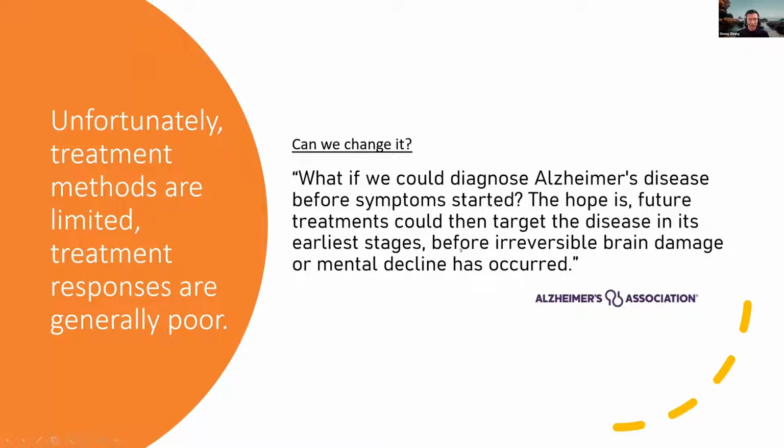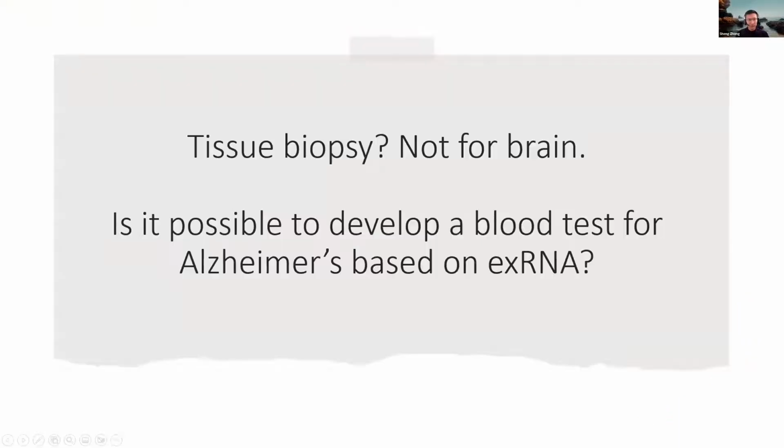The hope is future treatments could then target the disease in its earliest stages before irreversible brain damage or mental decline has occurred." So that has become the main thought of what to do scientifically from here on. How to detect it early?